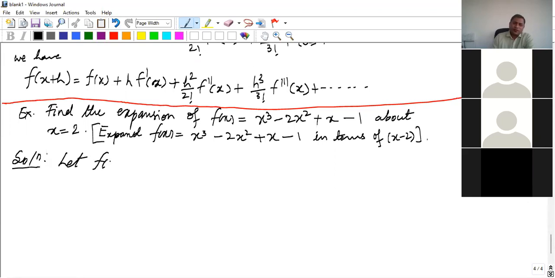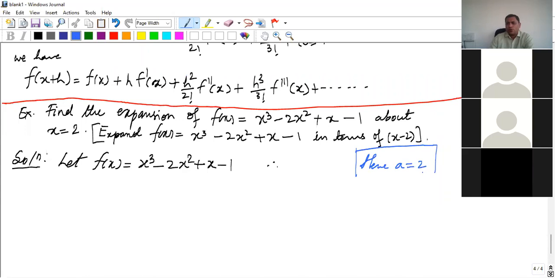So let f of x is equal to x cube minus 2x square plus x minus 1. What is the value of a here? 2, sir. So we can write here a is equal to 2.